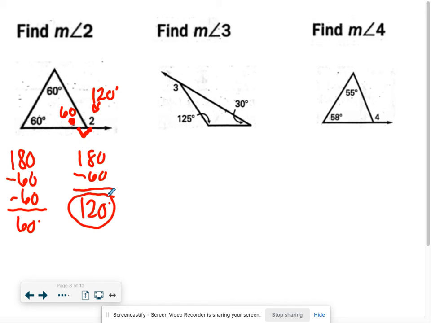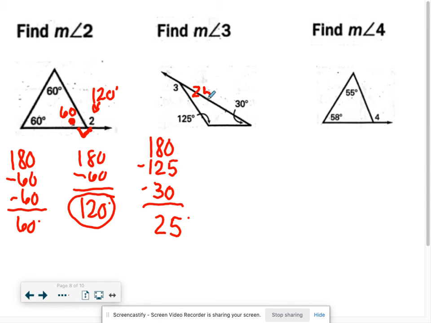Okay, let's try another one. So we start by subtracting away from 180. $25, yep, that's what I got.